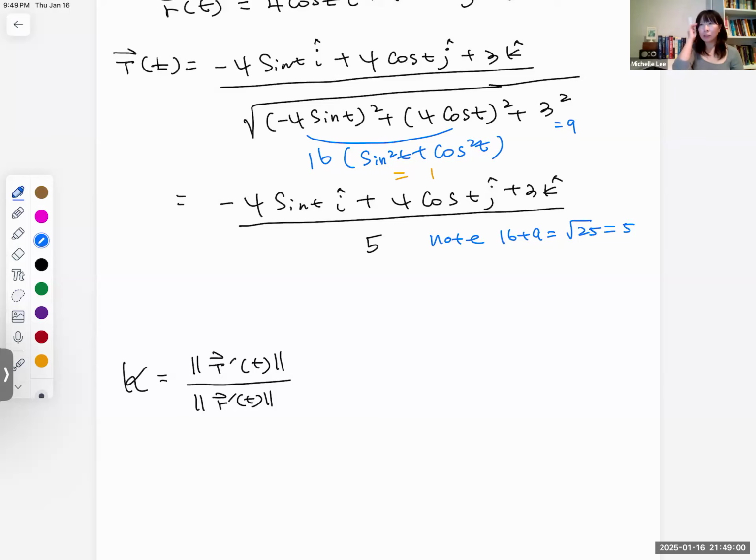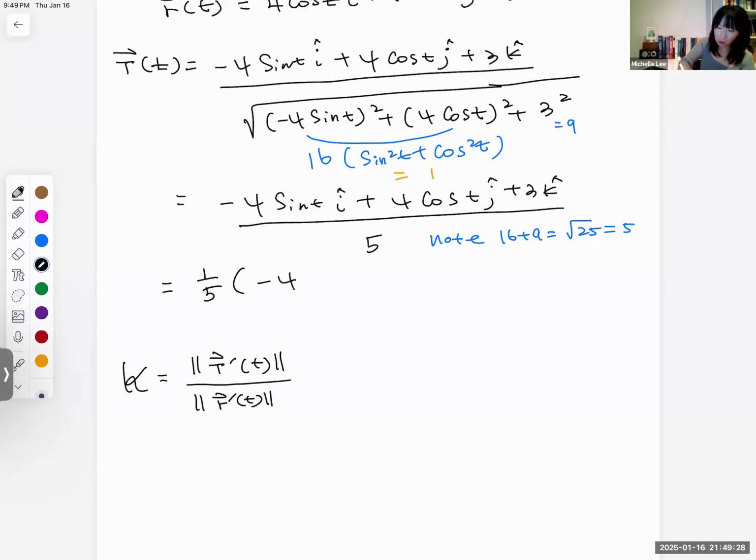Oh, derivative first. Okay. How about we take out the factor of 1 over 5?